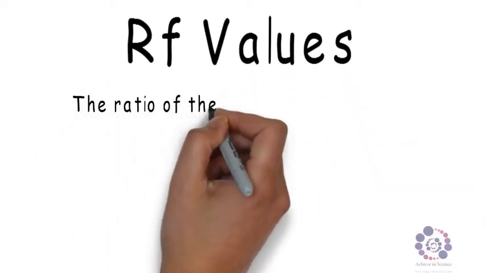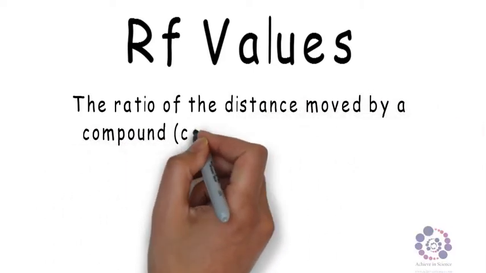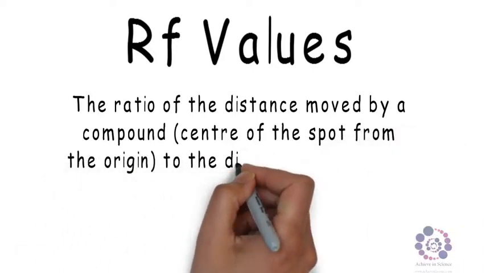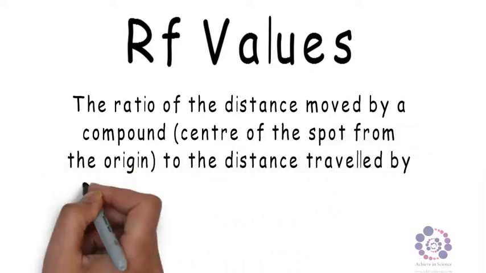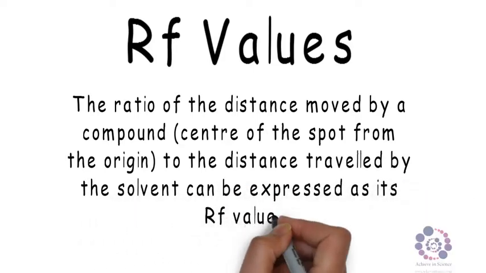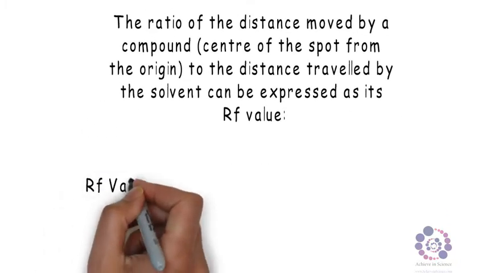This is the ratio of the distance moved by the compound, which is identified by the centre of the spot, from its origin, to the distance travelled by the solvent, and this can be expressed as the RF value. So RF value is distance moved by the substance divided by the distance moved by the solvent.